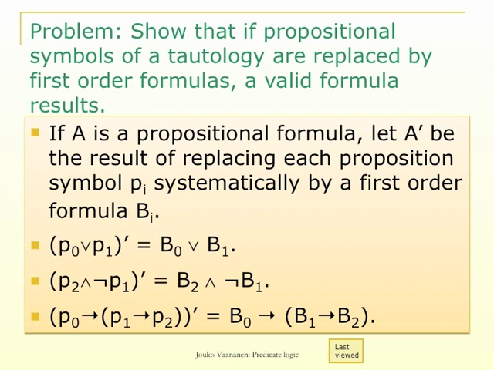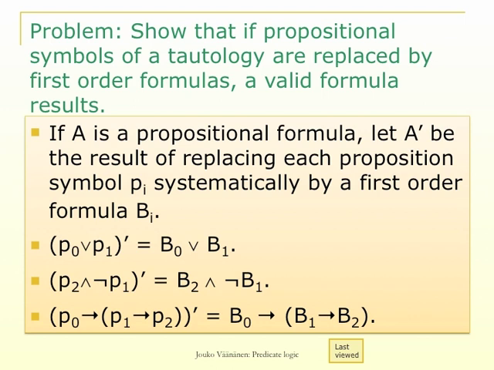If A is a propositional formula, let A prime be the result of replacing each proposition symbol Pi systematically by a first-order formula Bi. So (P0 or P1)' equals B0 or B1.